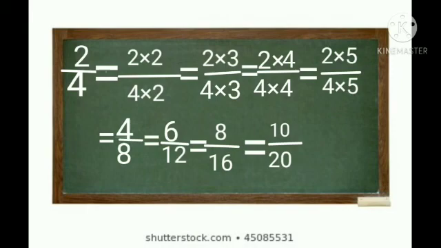So 2 by 4 is equal to 4 by 8 is equal to 6 by 12 is equal to 8 by 16 is equal to 10 by 20. These are the equivalent fractions for 2/4.